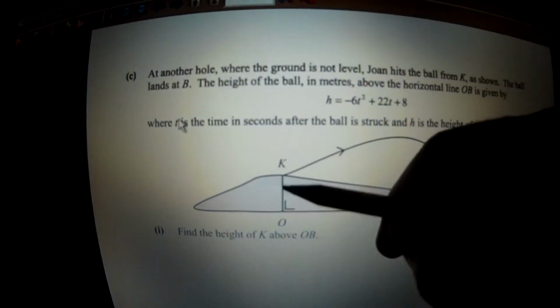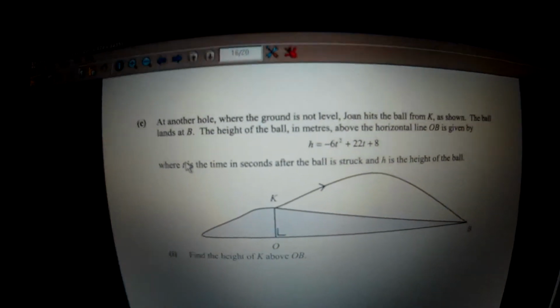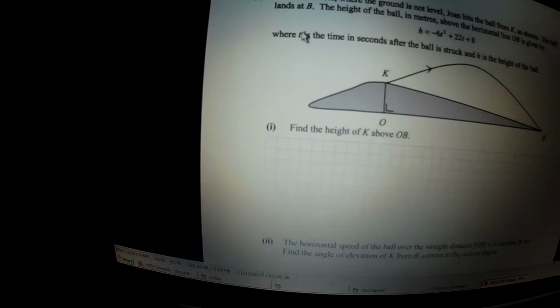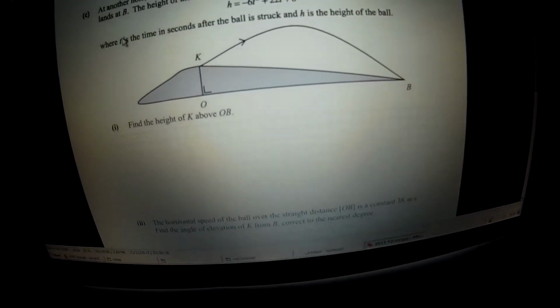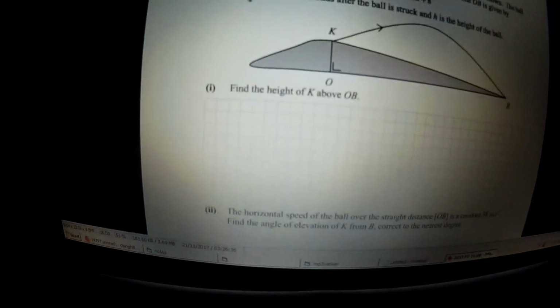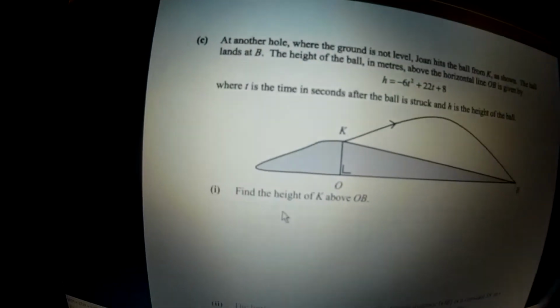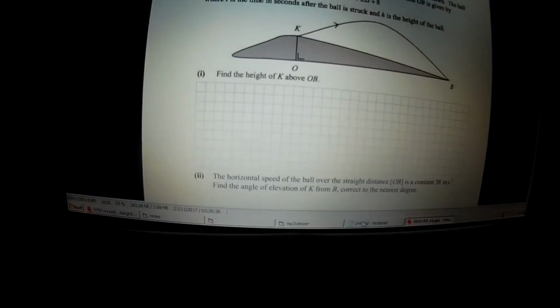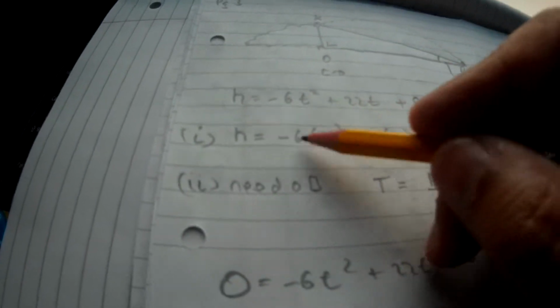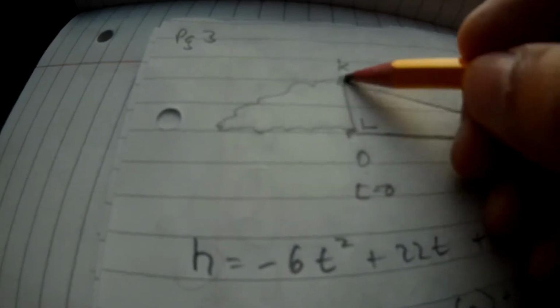That's pretty straightforward. So that's the first one. The height of K above OB is 8.